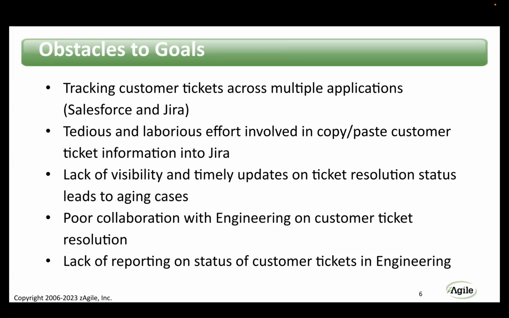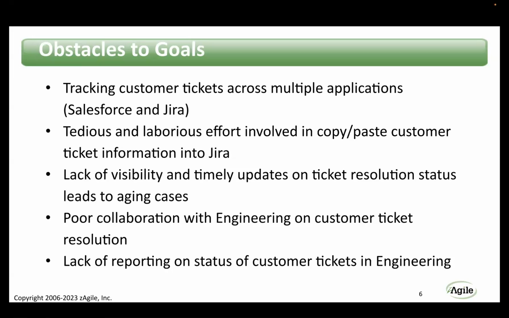This poor collaboration with engineering then causes unnecessary aging of cases that have already been addressed in engineering, or a lack of proper collaboration with engineering to escalate tickets for which customers are impatiently waiting. And also, obviously, there's a lack of reporting on the status of customer tickets.